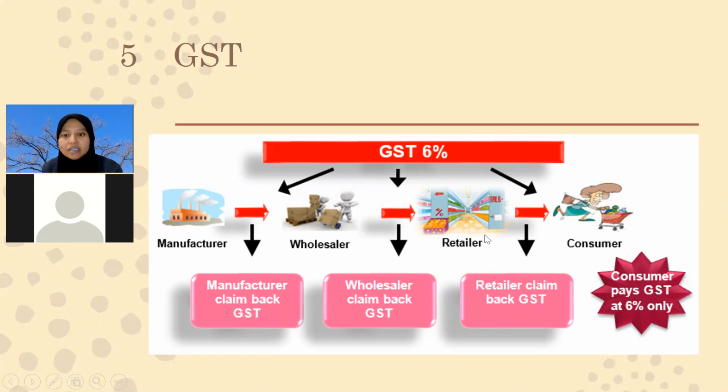Then the retailer will sell to the consumer. The retailer will collect GST from the consumer, and then the retailer can claim back whatever GST they paid when they purchased from the wholesaler. So in the end, it's the consumer who has to pay the 6% GST. For the manufacturer, wholesaler and retailer, although they have to pay GST when they make purchases, whatever GST they incurred, they can claim back. So that's GST. It is imposed on all levels of the supply chain.